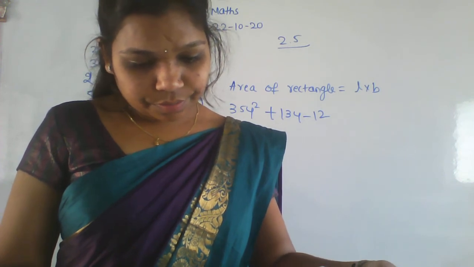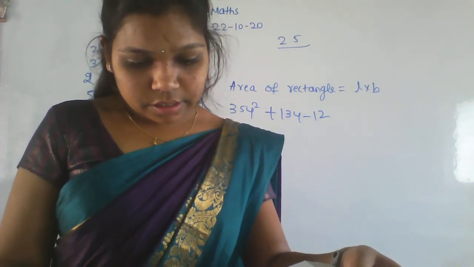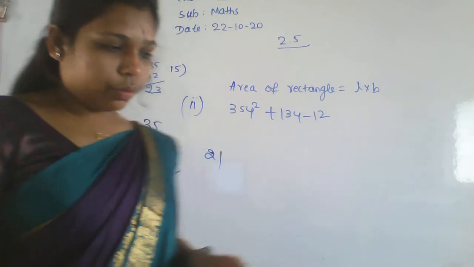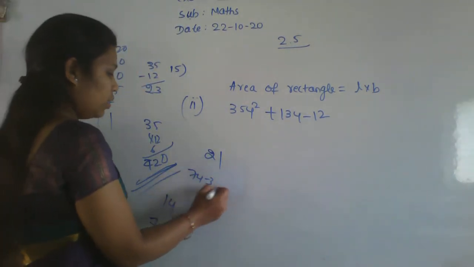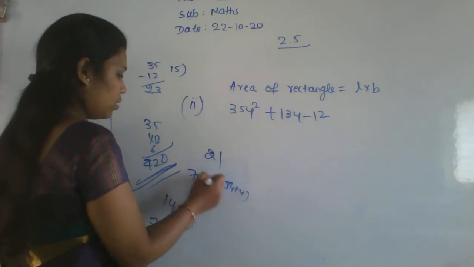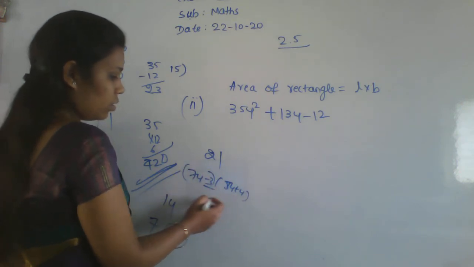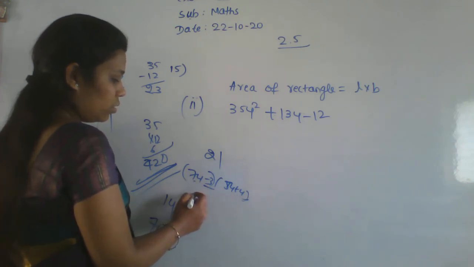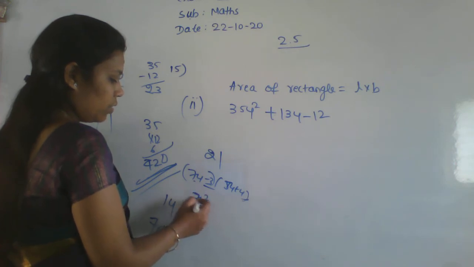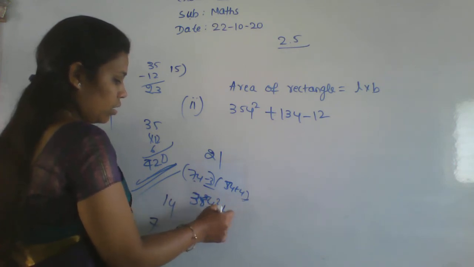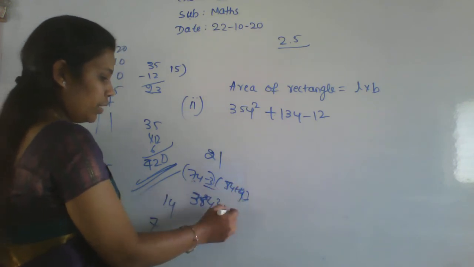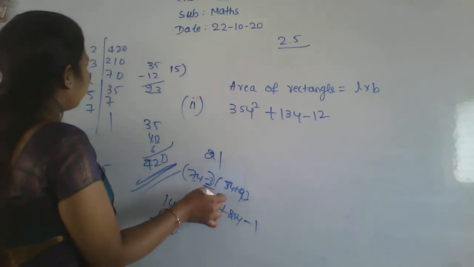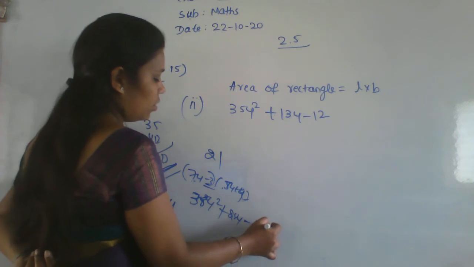Wait here. 7y minus 3 and 5y plus 4. 7y minus 3 and 5y plus 4 means 35y squared, and here plus 28y minus 15y, minus 12.